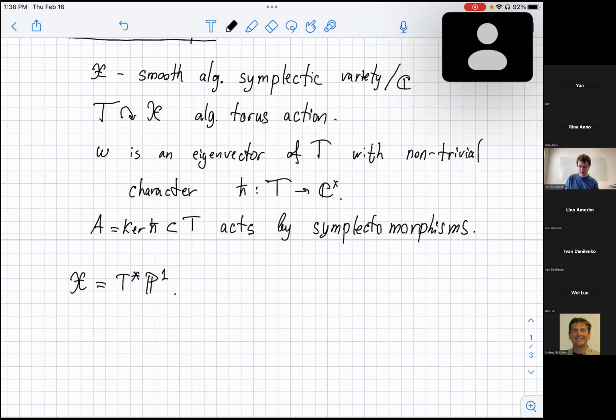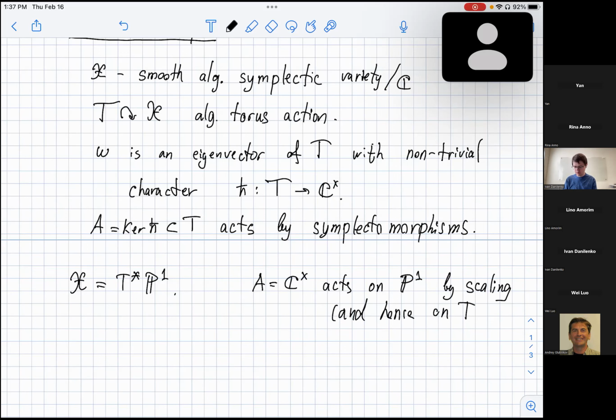There is a symplectomorphic torus that acts on P1 by scaling, and hence on T star P1.